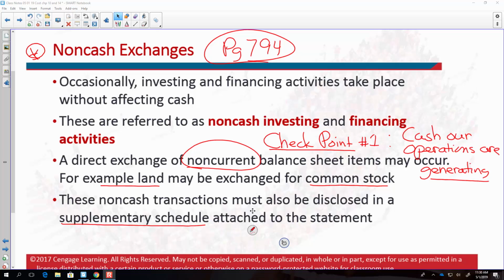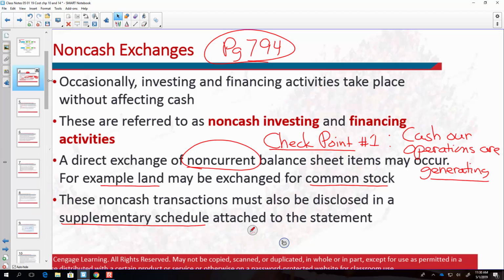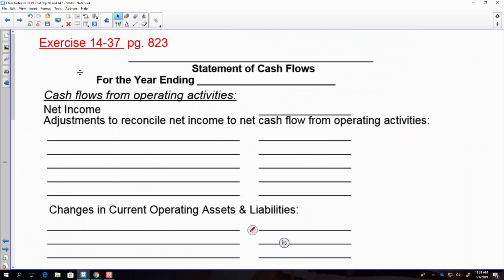All right, so the problem I want to start with here, because cash flow is really about practice, is problem 37. So if we could use our cash flow template on page 823.